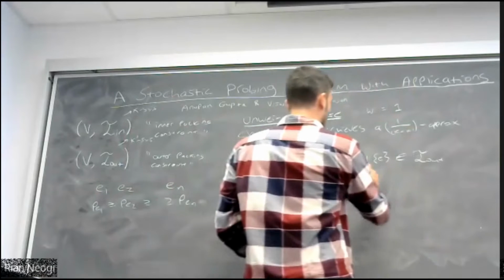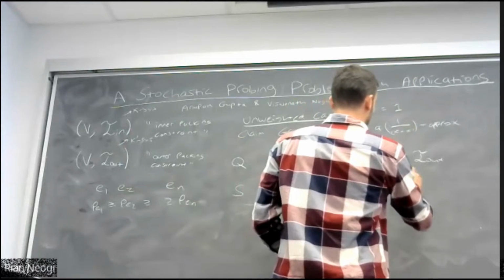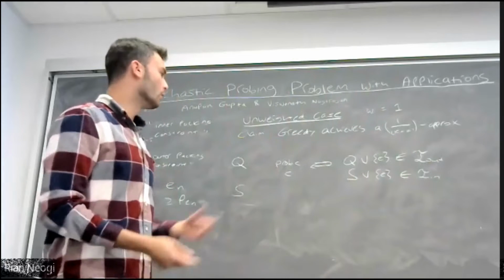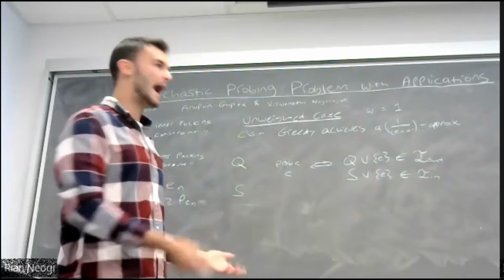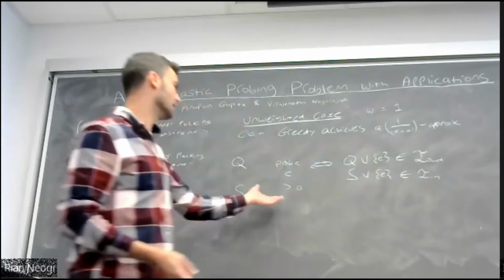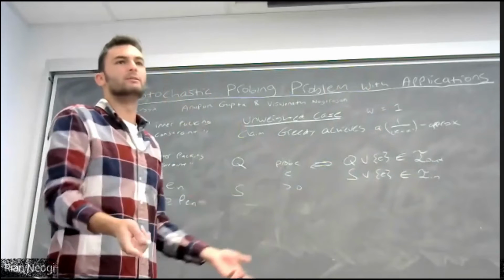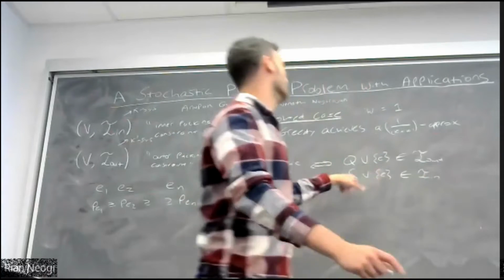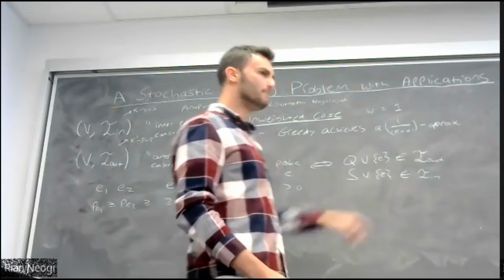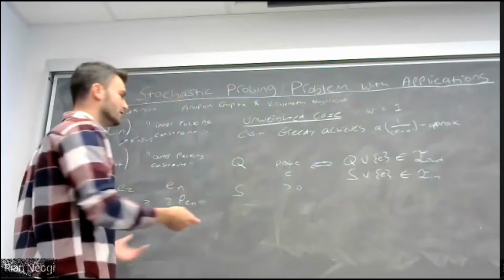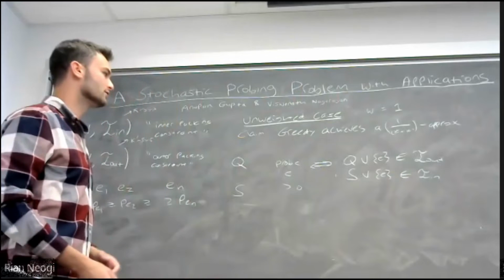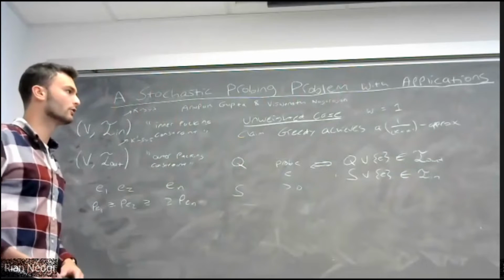So we also need that S union E is independent with respect to the inner constraints. We can assume that the probability of E being active is strictly positive, because if it's 0, there's no point in probing it. And if it's strictly positive, there's a chance it could be active, but then we have to include it. So we need these two. So what does it mean to probe whenever feasible? It means these two conditions have to be satisfied. So this is how the greedy algorithm works.